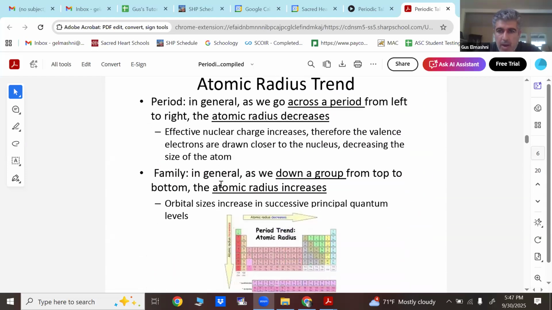In general, as we go across a period, which is the row from left to right, the atomic radius decreases. That's because there's more of an attraction between the outermost electrons and the nucleus. The valence electrons are drawn closer to the nucleus, decreasing the size of the atom. Now, if we move down, the atomic radius increases because you're adding more levels, as it says right here.